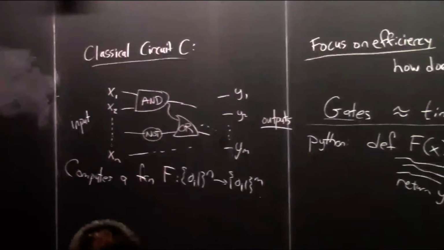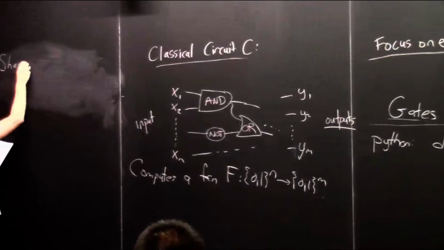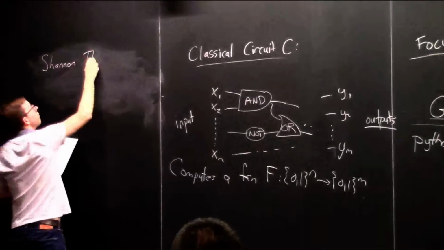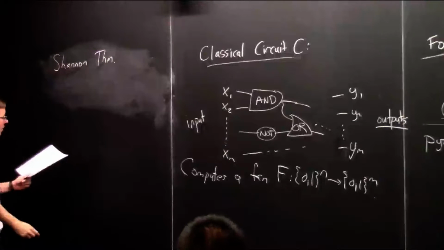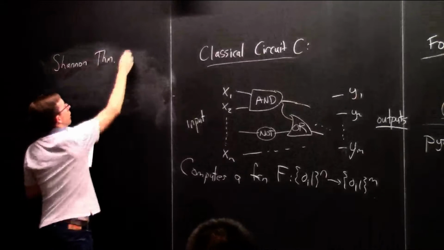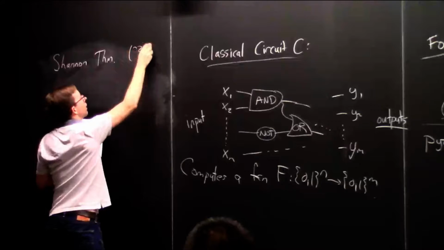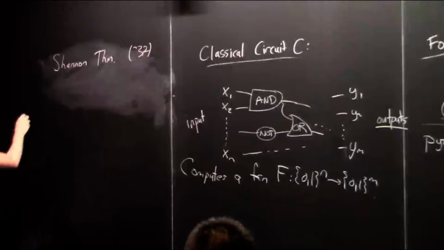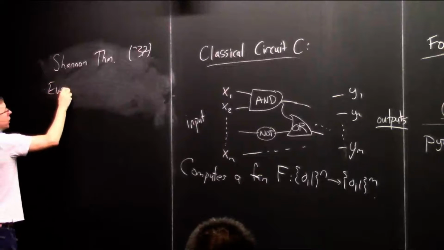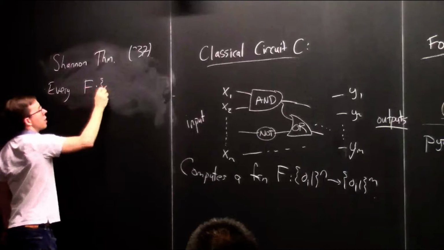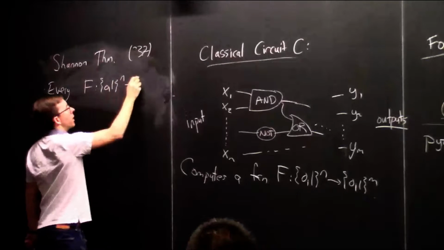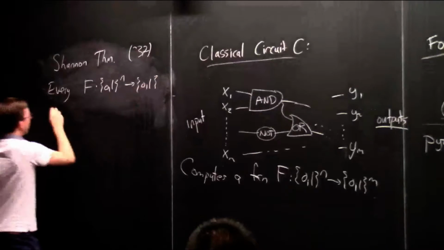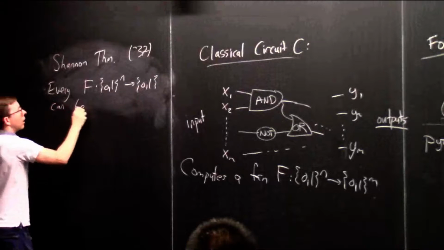So the famous Claude Shannon, in his master's thesis, the most famous master's thesis in computer science, proved the following theorems. This was in 1937. First of all, every function, let's focus just on functions with one output bit, can be computed by some circuit.